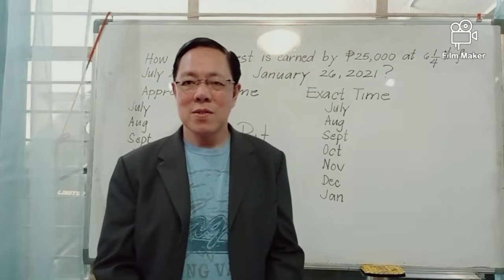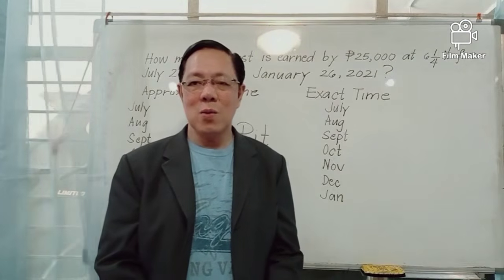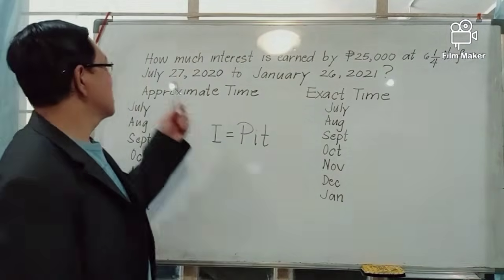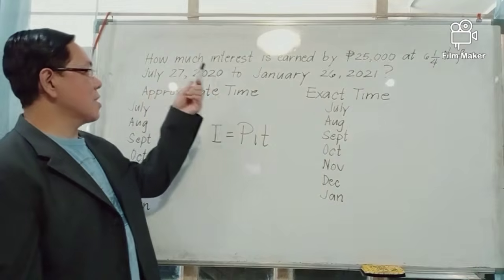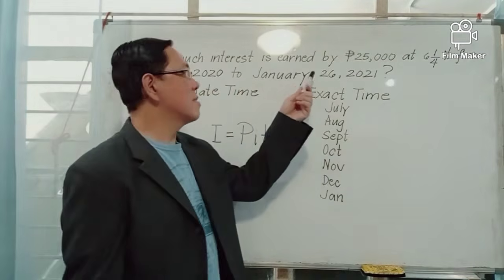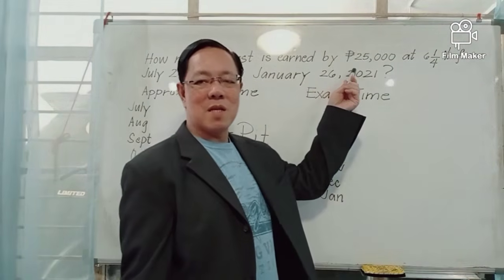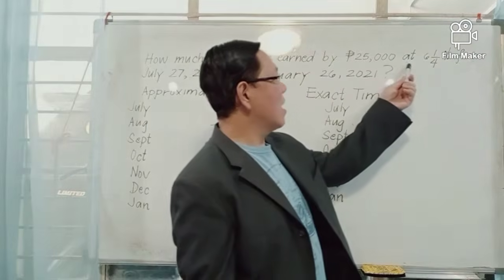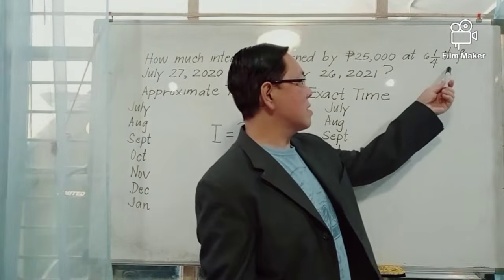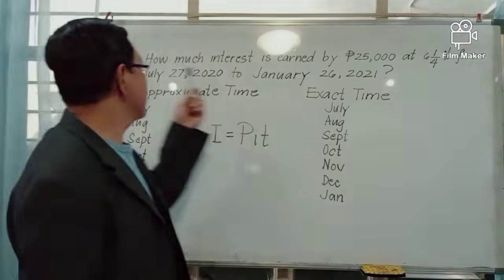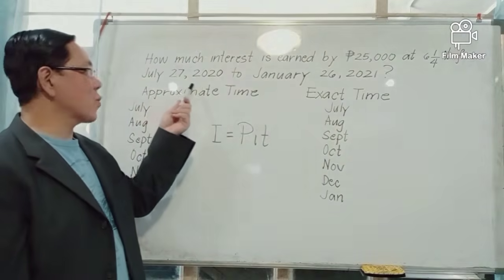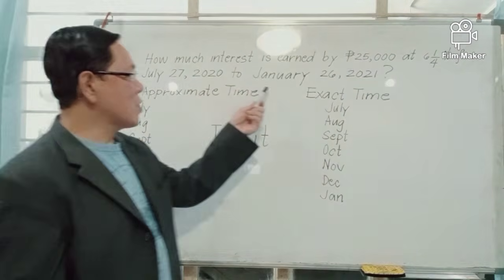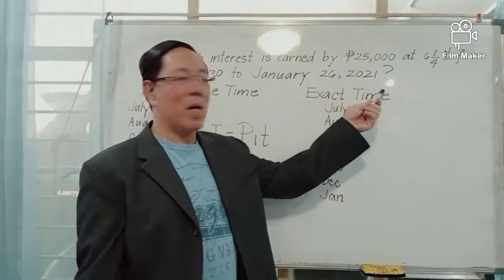For today's example, consider the following problem. How much interest is earned by 25,000 pesos at 6 1/4% from July 27, 2020 to January 26, 2021?